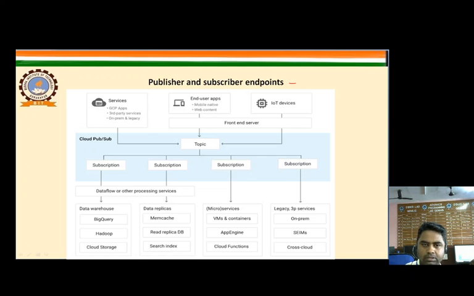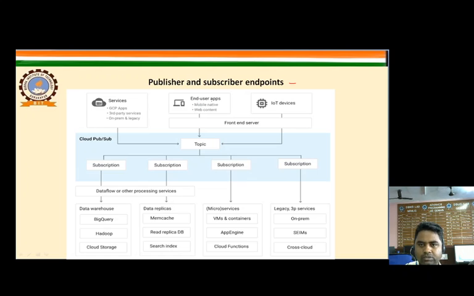First, you can see the services: GCP, third-party services, and on-prem legacy. And we have two other kinds: one is IoT devices, and the second is end-user applications like mobile or web content or any website we have. We already know that any software has two parts: a front end and a back end.